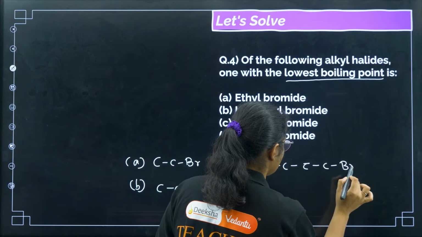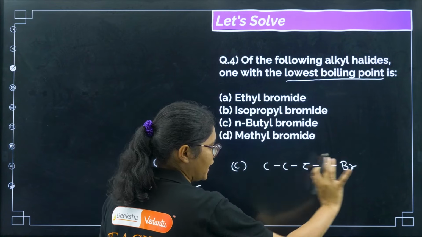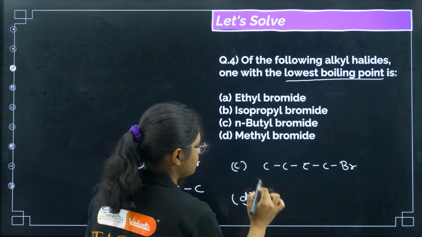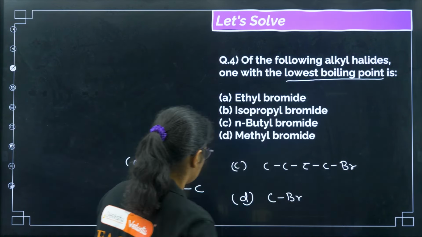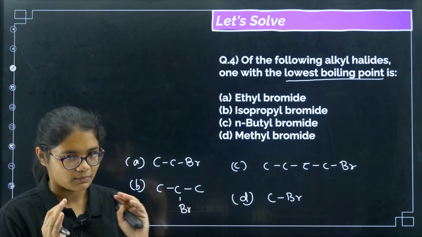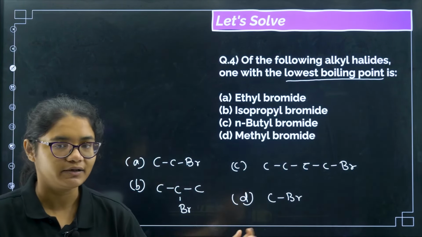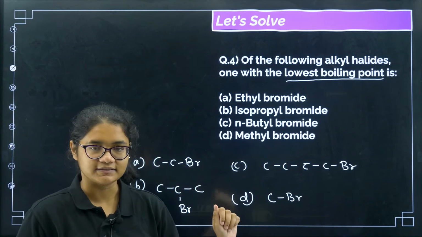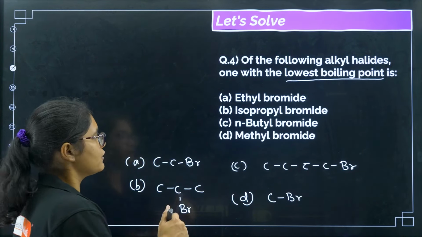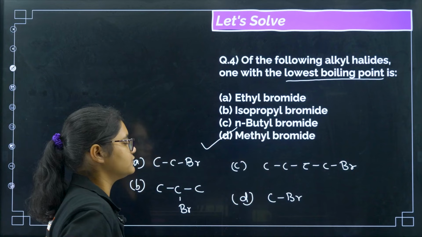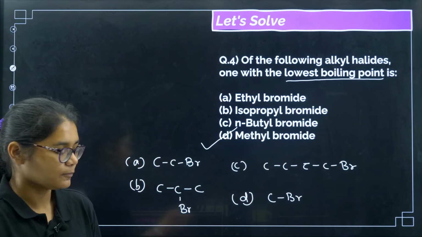N-butyl means straight chain, no branching, simple N-butyl bromide. Then this one is methyl bromide. Here there is only one carbon, so the mass will be less. I told you if mass increases, boiling point and melting point will increase. But here, because the mass is less, the boiling point will be the least. So the correct answer for this question is methyl bromide.